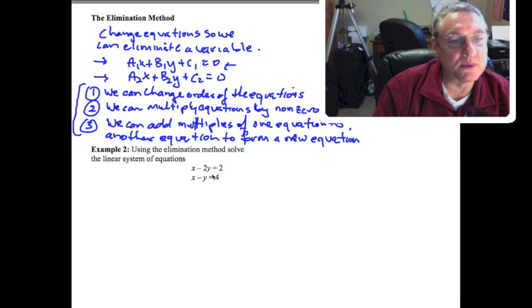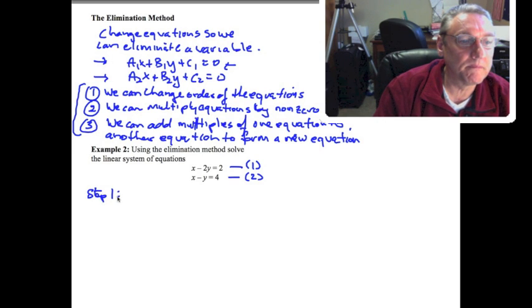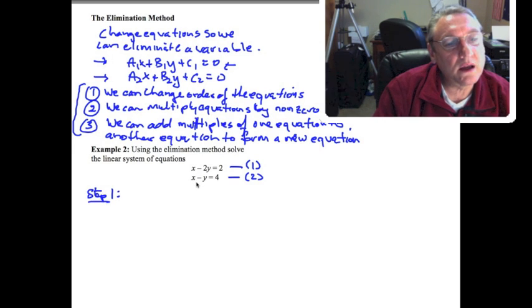Right, so we have the same system here. Notice that we have x minus 2y equals 2, and we have x minus y equals 4. Now if I label these, let's call this number 1, and this is number 2. So step 1, we'll notice that we have an x and an x here.